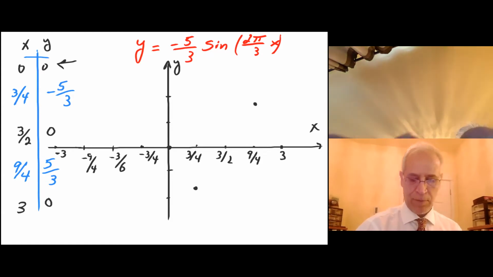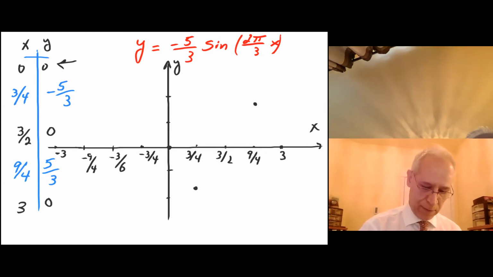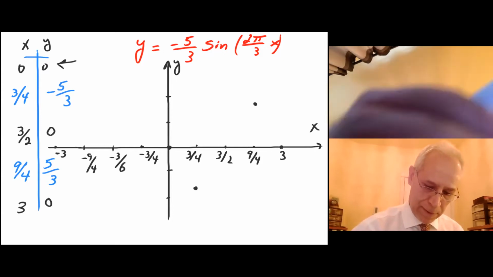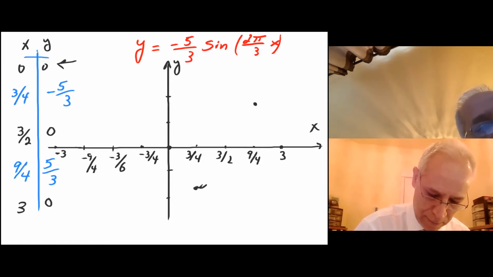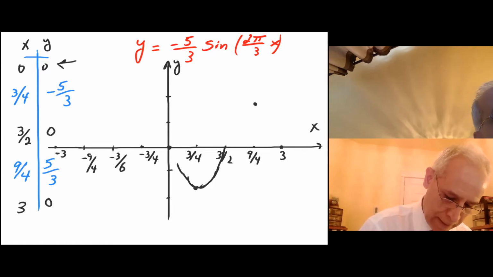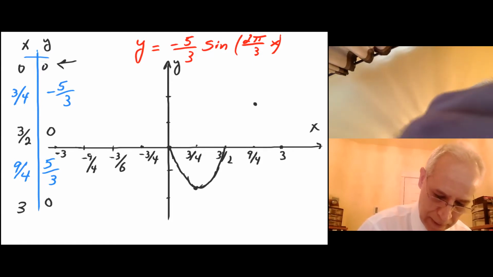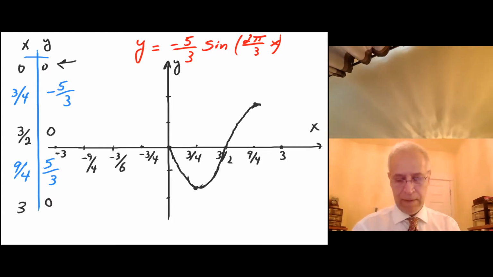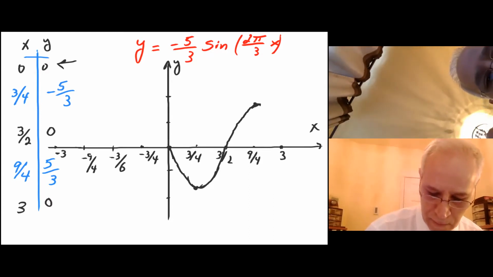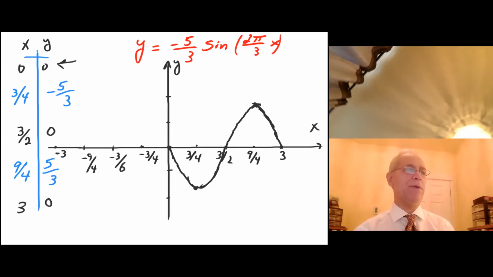So for one complete period, it's going to look something like this, and I apologize. This is the best I can do with my iPad. Okay, that's one complete period.